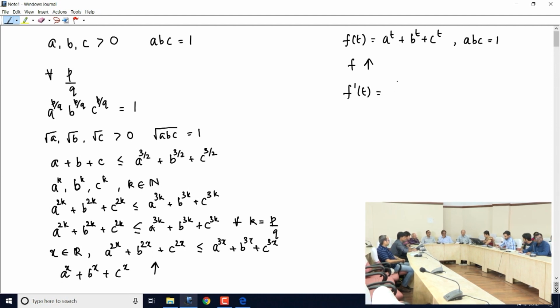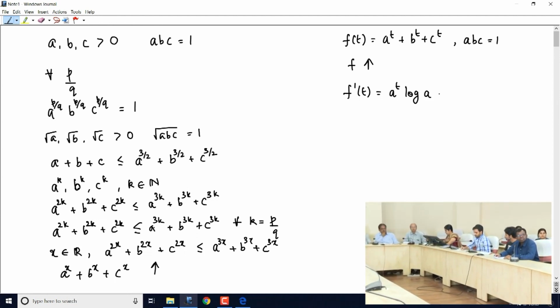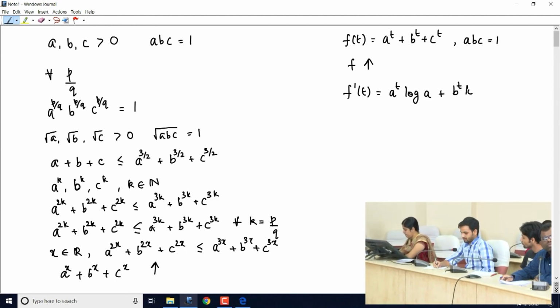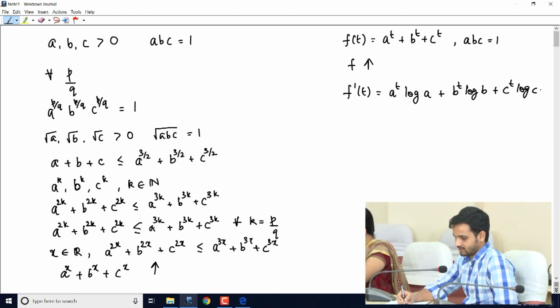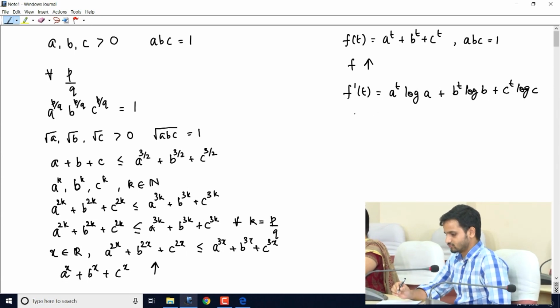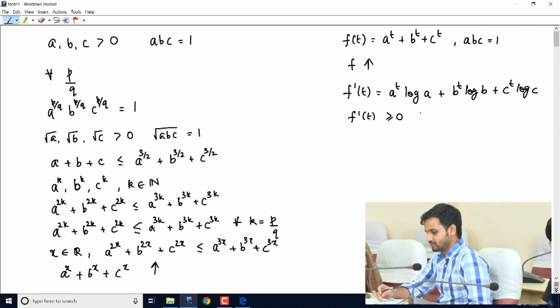So f dash at t is equal to a power t log a plus b power t log b plus c power t log c. Now we have to show that f dash t is bigger than or equal to 0 to show that f is an increasing function.